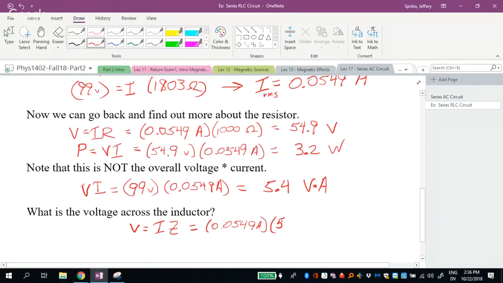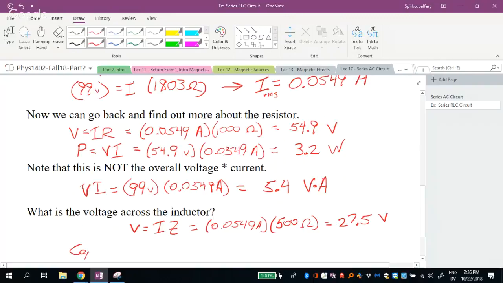It's just the 500 ohms. And I did not calculate that ahead of time. 27.5 volts.